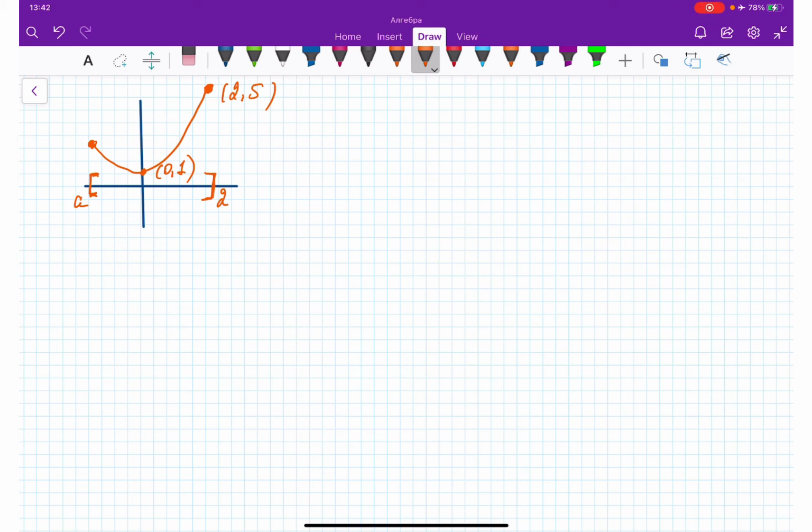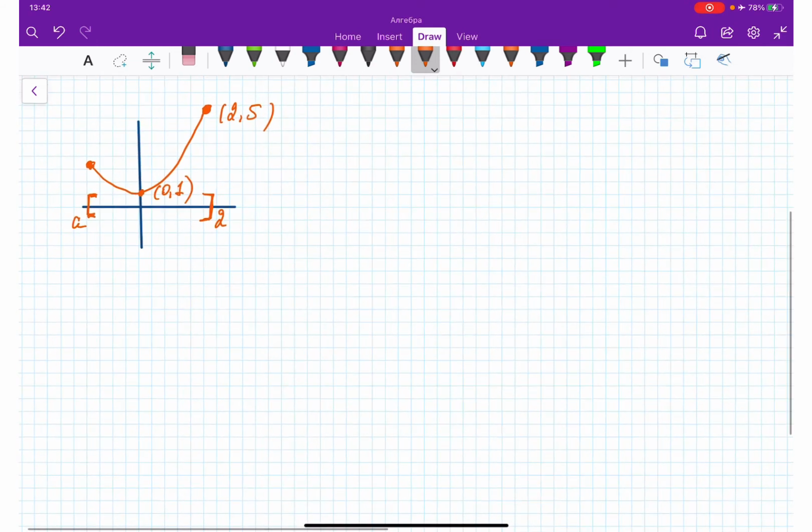And what do we see here? That at the points 2 and 5, because we have a closed interval, we can find absolute maximum and absolute minimum if they are there. Absolute maximum and absolute minimum we can have only on a closed interval. Why?